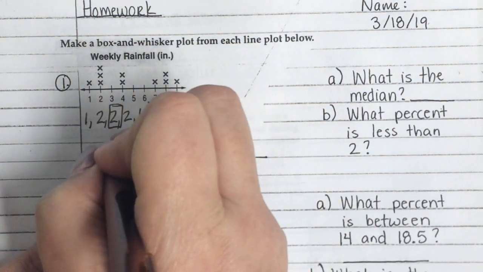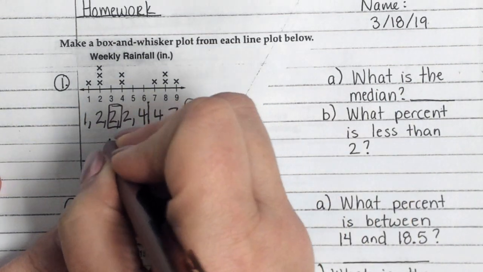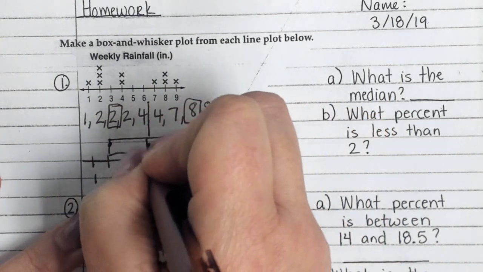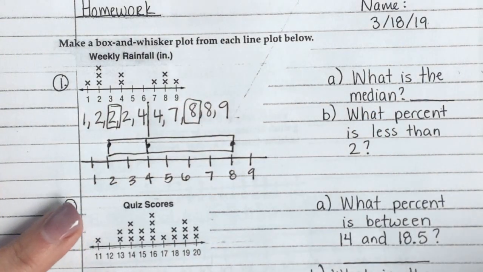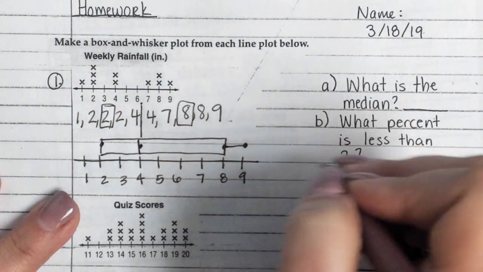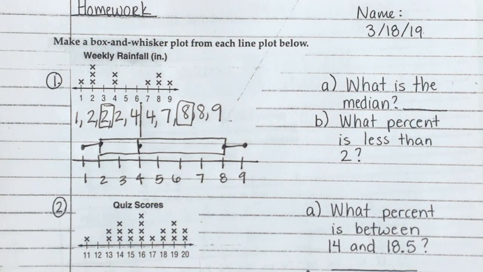Yep, 2, 4, and 8. That creates our box. That is our interquartile range. What's my highest value? 9. And my lowest value? 1. Now, see how short those whiskers are?